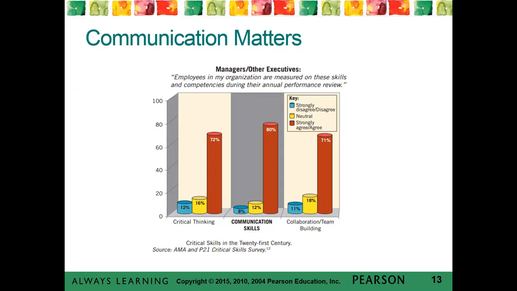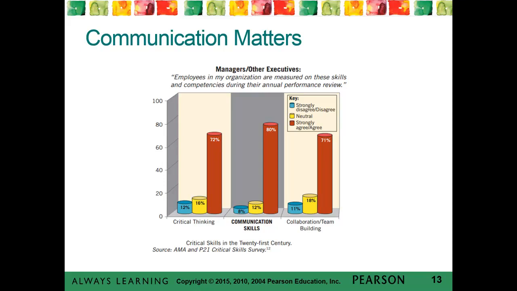The author shares a really interesting study with us. When you take a look at how managers and executives are evaluating their employees and looking at what skills and competencies are considered most important during their annual performance review, ideas like critical thinking, communication skills, and collaboration and team building are the areas that 21st century employers are looking for.